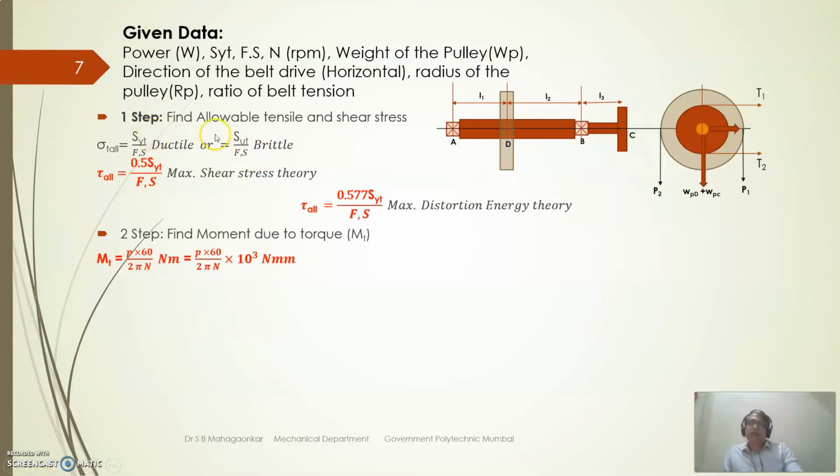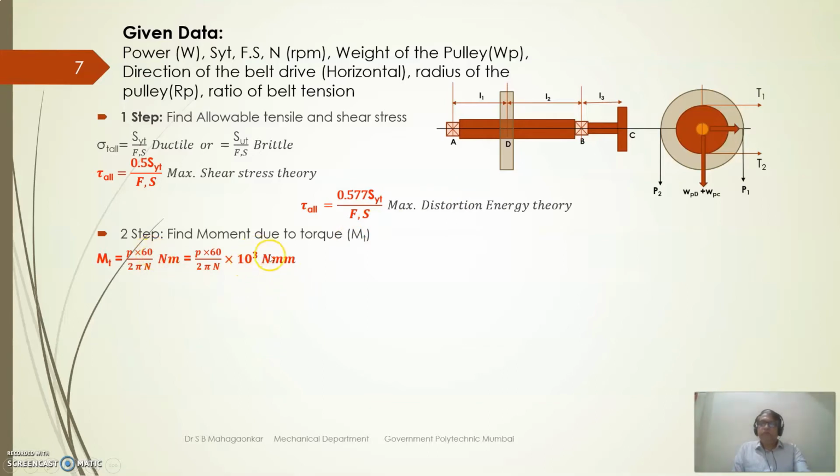As I said, step 1 is to find the allowable tensile or shear stress. We can take the allowable tensile stress for a ductile material. Generally the shaft is a ductile material, so there is no question of brittle material here. The allowable shear stress is 0.5 SYT upon factor of safety for the maximum shear stress theory, and for the distortion theory it is 0.577 SYT upon factor of safety.